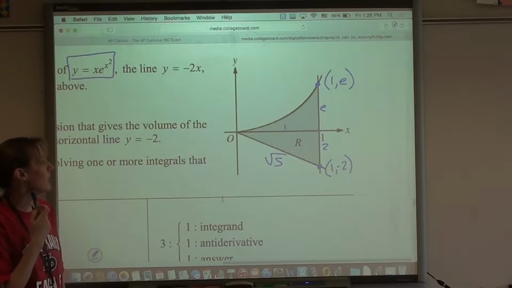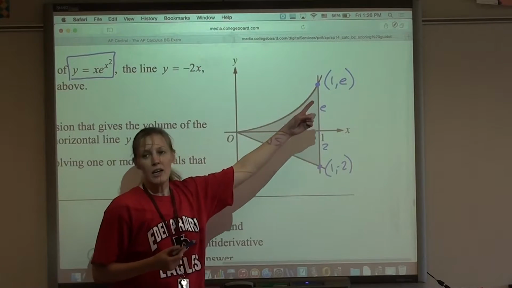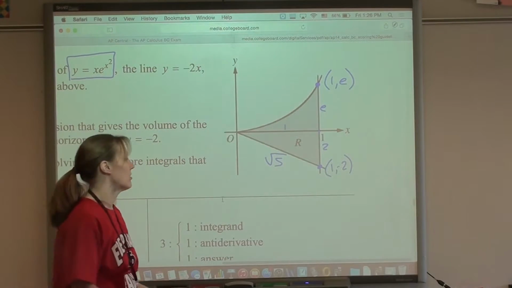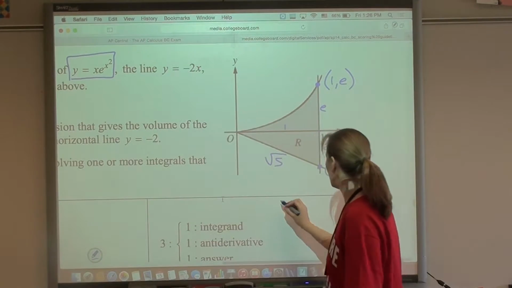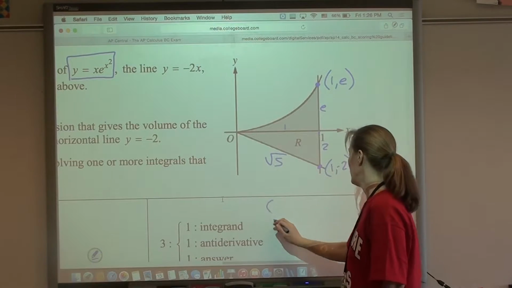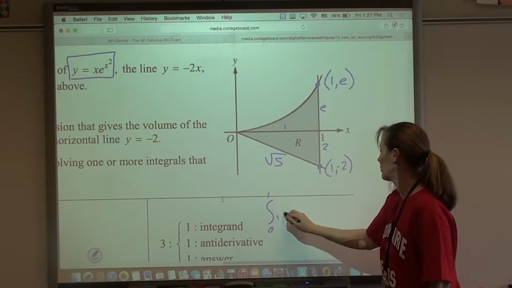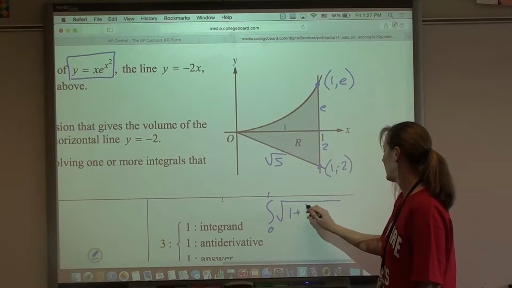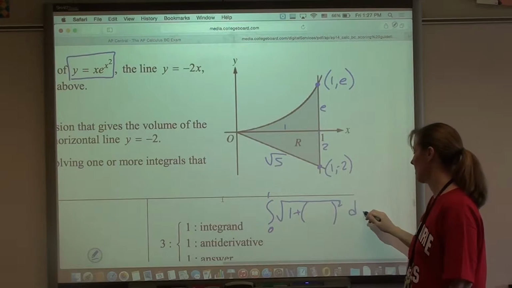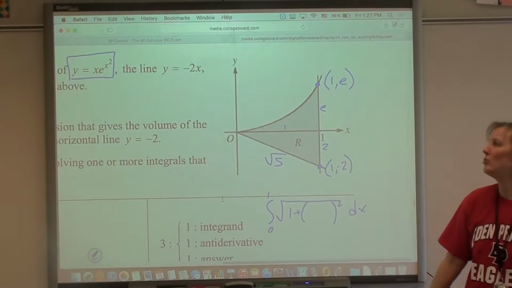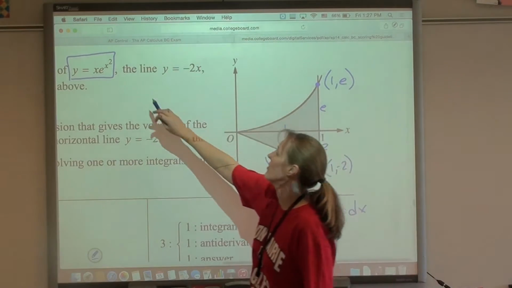Okay, so now we need to find the length of the arc. In case you've forgotten arc length, we would have the integral from 0 to 1 of root of 1 plus f prime squared, right? So you need the derivative of that.